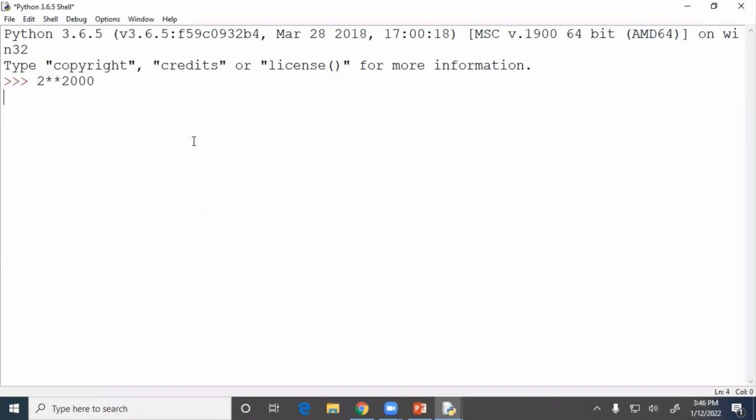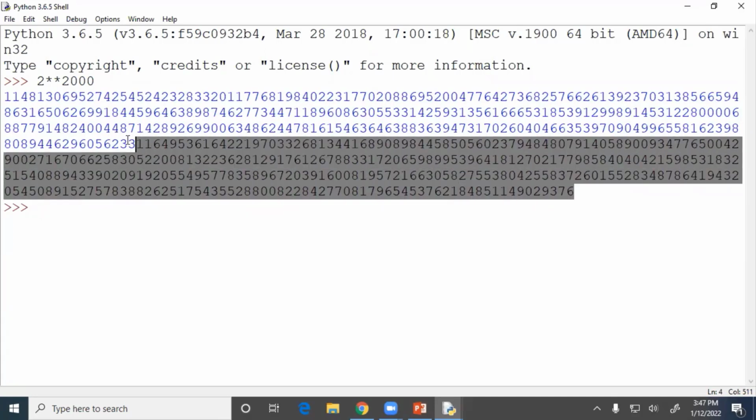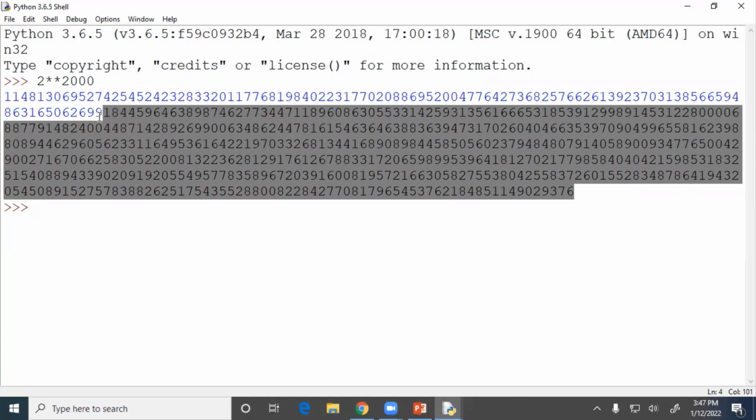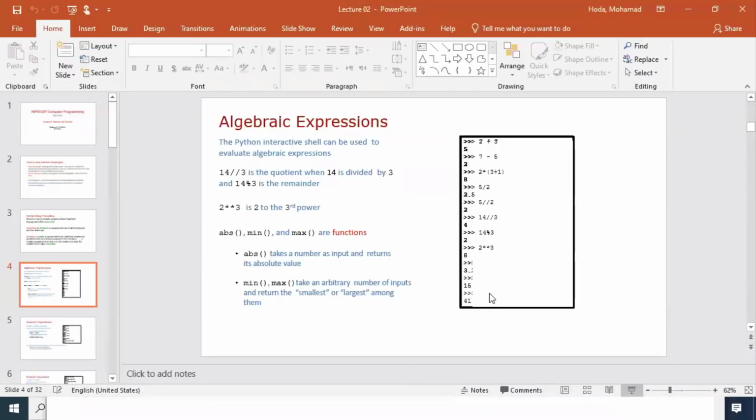And look at this number. 1148130695274254524234 and so on. This is the number. The idea here is, is this number an integer or what? Integer. And this means that whatever the number is, let me go back here.